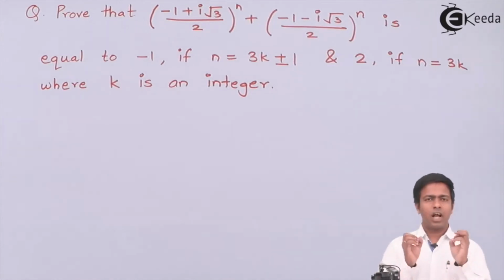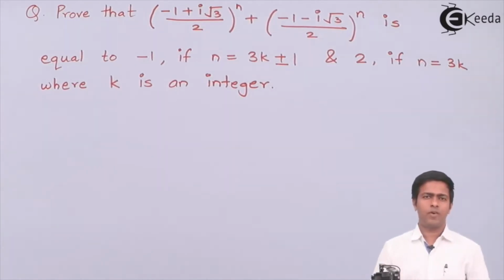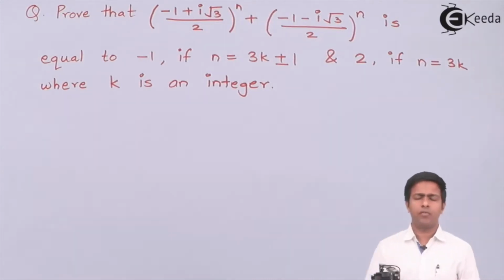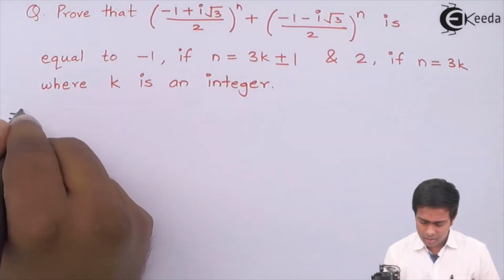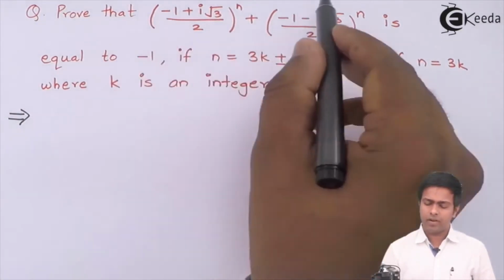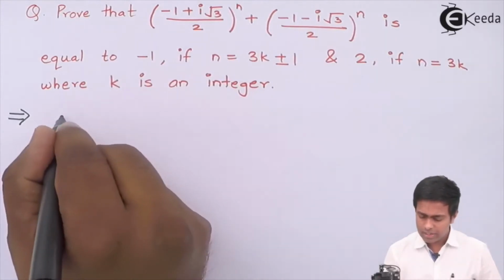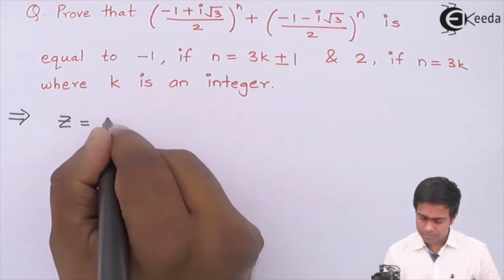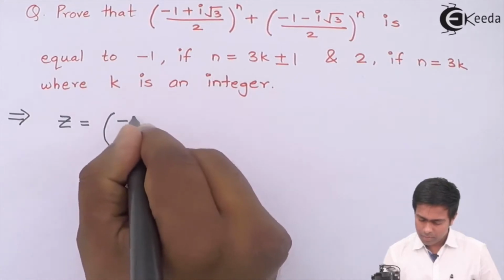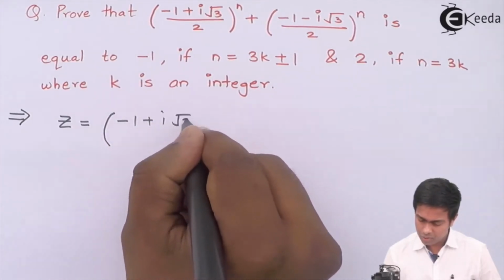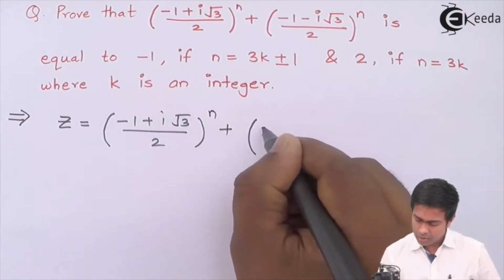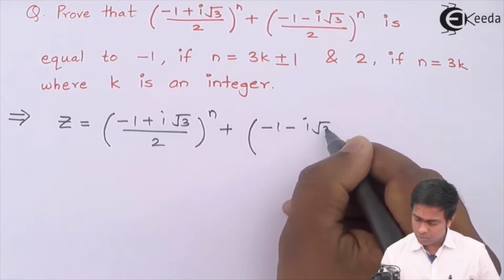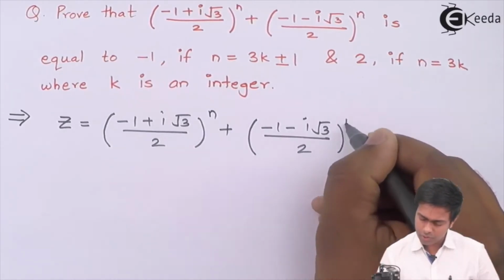So let's convert that number into polar form, and once we convert it, we can apply de Moivre's theorem very easily. So guys, let's start. I will assume that this given number is z. So z equals ((-1 + i√3)/2)^n + ((-1 - i√3)/2)^n.